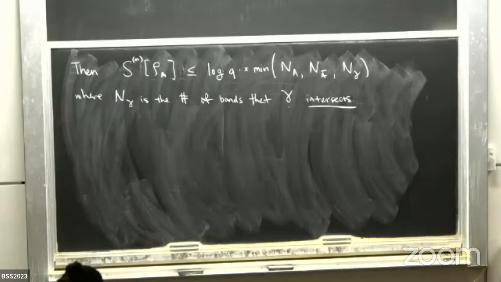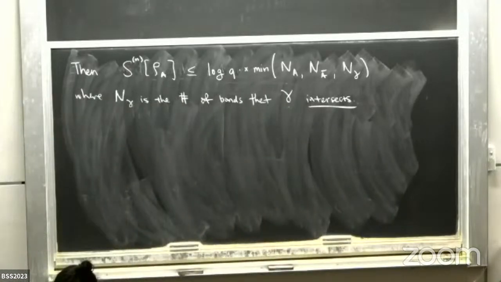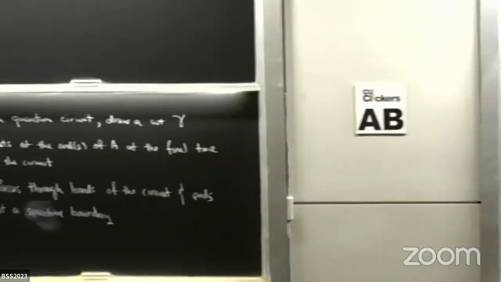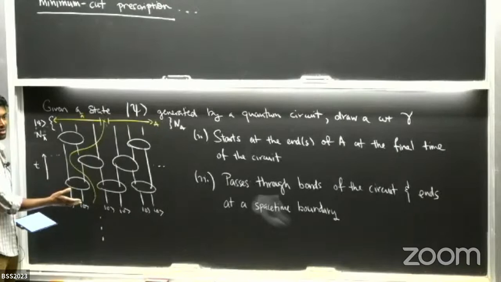For qubits, does it saturate? Well, it depends on the circuit, right? A trivial example is the following. I start with states that are product states in the Pauli Z basis, and I apply gates that are diagonal in the Z basis. Of course, the entanglement isn't saturated.